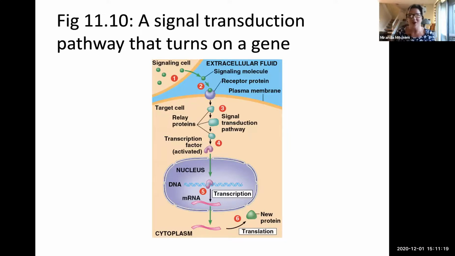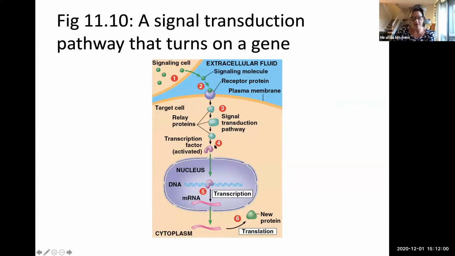But it's similar to what we all did when we were in grade school, when we ran relay races. So first, the message is perceived by the first relay protein, and then it passes it on to the next one, and then on to the next one, where it finally is associated with activating a transcription factor. And just like the name suggests, a transcription factor is a protein that is associated with transcription. We need to go in the nucleus if we're talking about transcription, because that's where the DNA is.